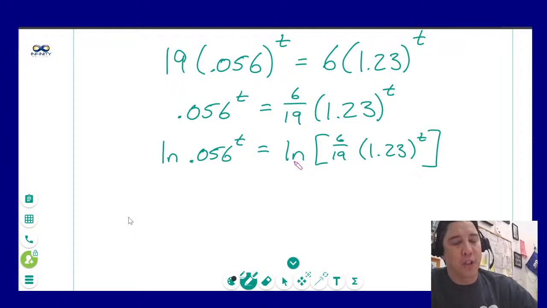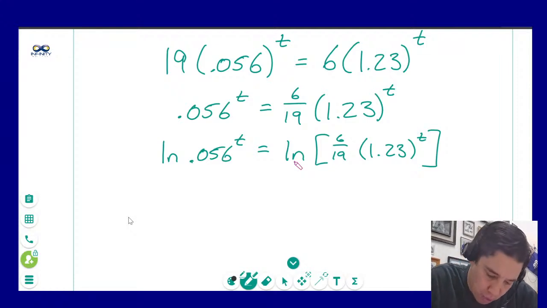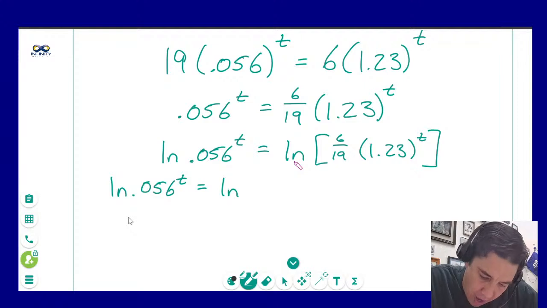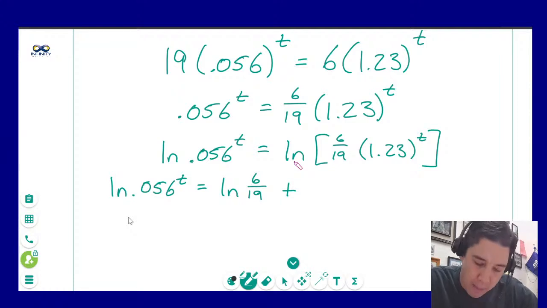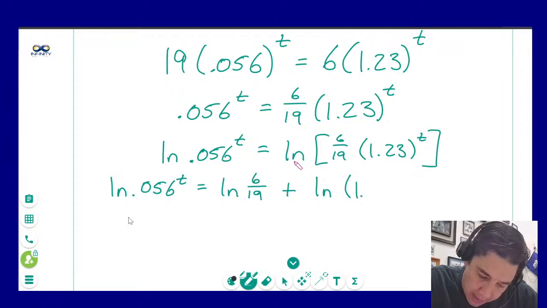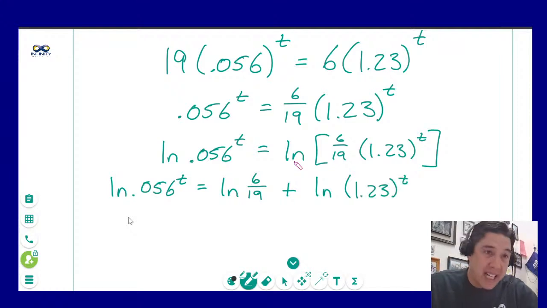Now I'm going to have to use my exponent and logarithm rules. So the ln of 0.056 to the t is equal to the ln of 6 over 19 plus, by the product rule, the natural log of 1.23 to the t. Then I can bring the exponents out in front with the power rule.